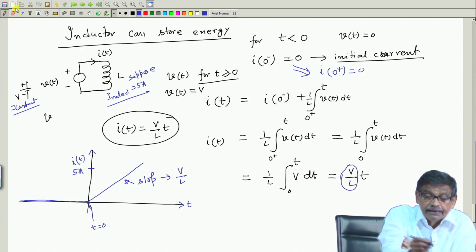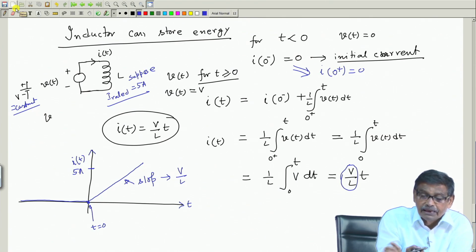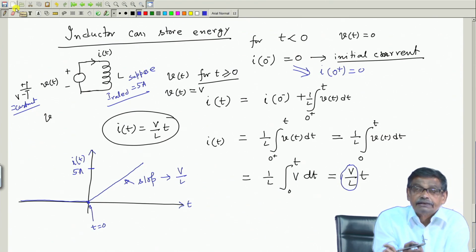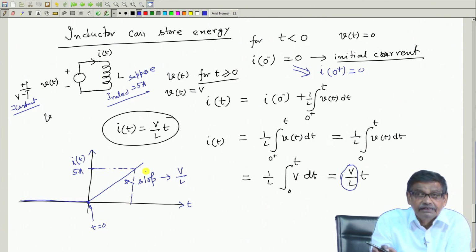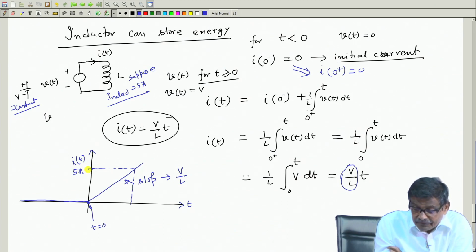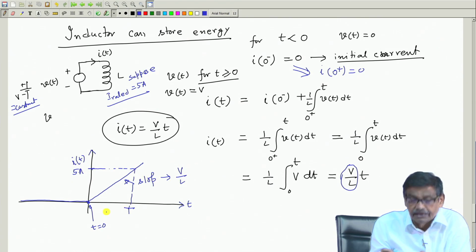Then I will say, if you apply a constant battery voltage across an inductor, and this is the time axis, you can safely apply that voltage up to a definite time. For 5 ampere, you know V by L, so you will be able to calculate the value of t.